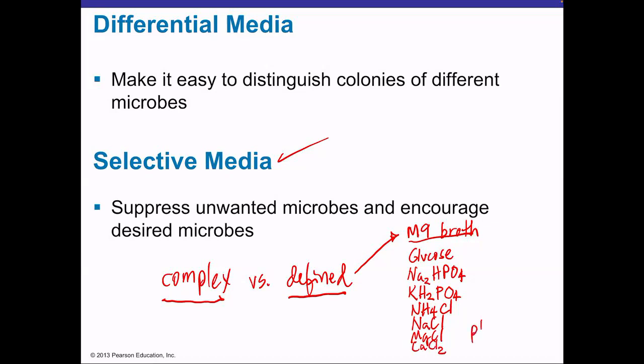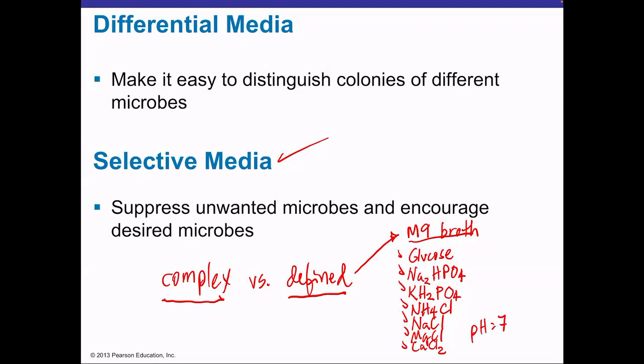And then the pH is adjusted to around 7. Here, for each ingredient, we know the molecule and the exact chemical composition of that medium.